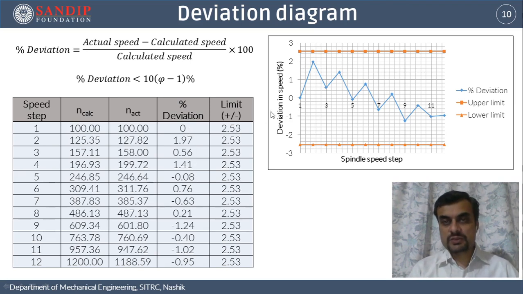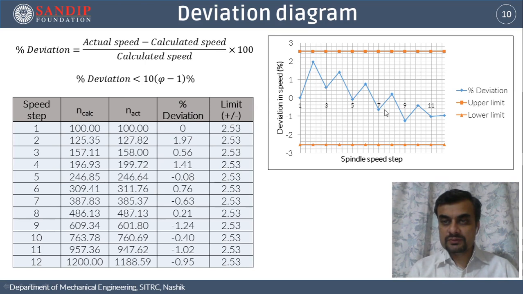The same thing has been depicted in this graph. This graph is called a deviation diagram. On the x-axis we have spindle speed steps. On the y-axis we have deviation in speed expressed in percentages.